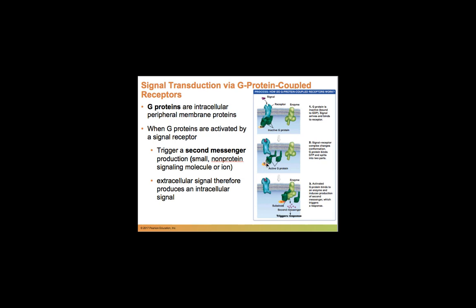The GTP bound subunit of our G protein is going to travel along the length of our plasma membrane and bind to a specific enzyme. Once that active GTP binds to that enzyme, we're going to trigger the release and production of our second messengers. That second messenger is going to be how we go from an extracellular signal to an intracellular signal. Remember, that cannot take place unless you split the G protein in half and change from GDP to GTP.